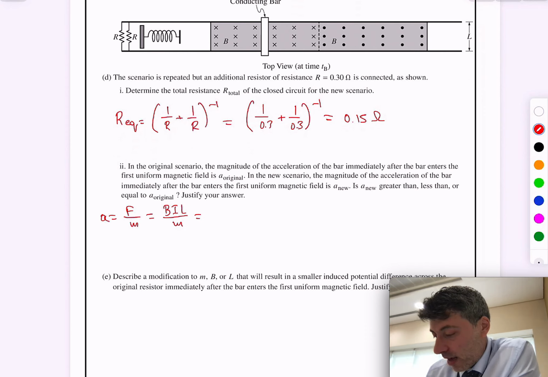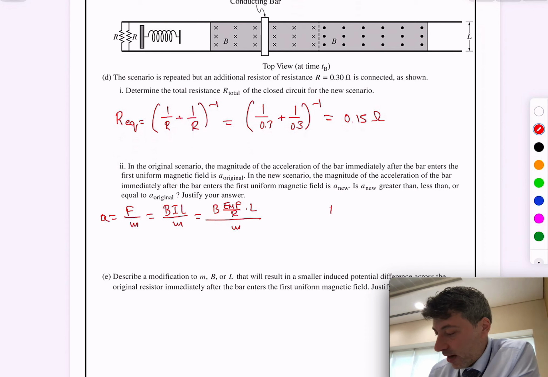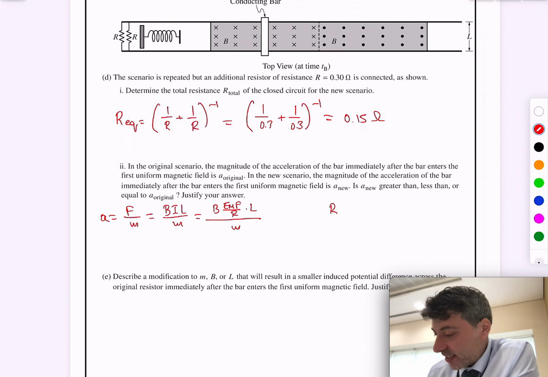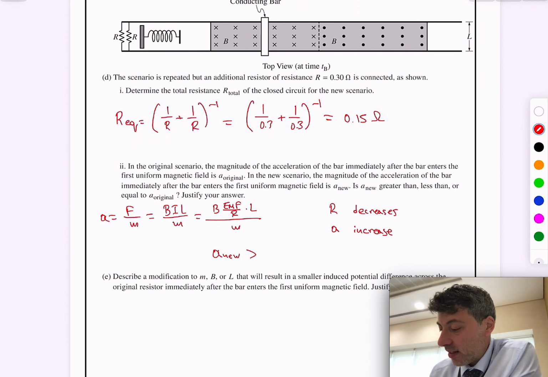And the current is EMF over R. So since the R from 0.3 becomes 0.15, the resistance decreases, and this means that the current, and actually the acceleration, should increase. This means that the acceleration new will be greater than the acceleration original.